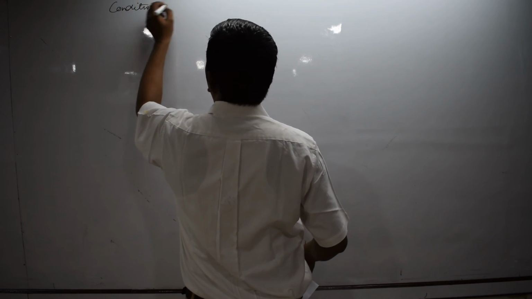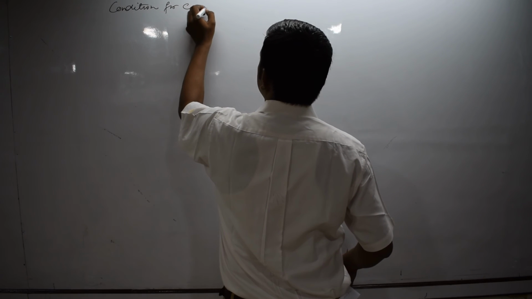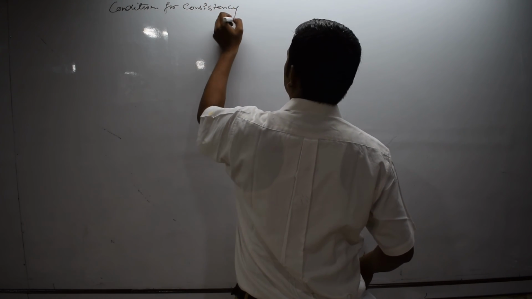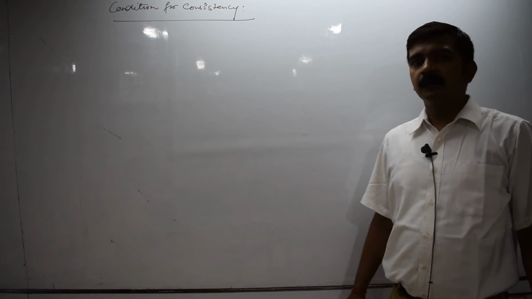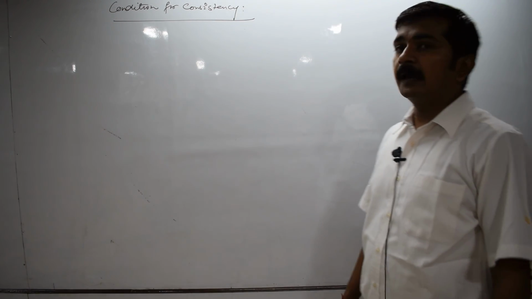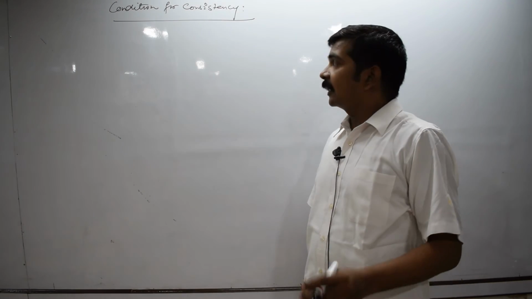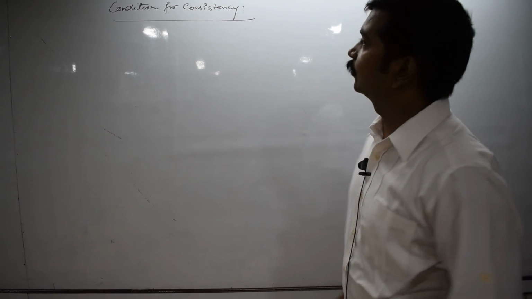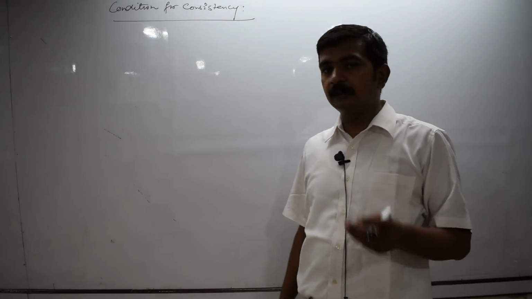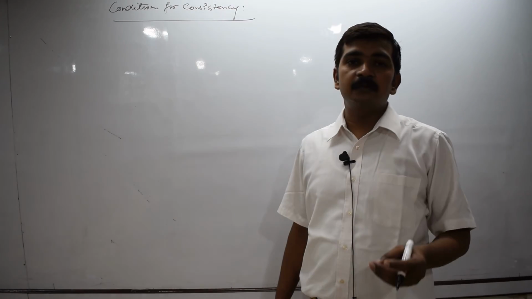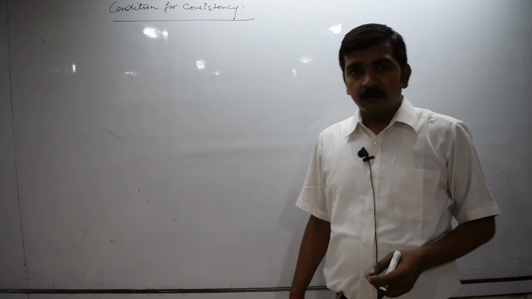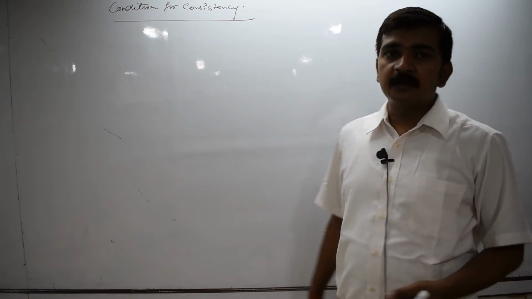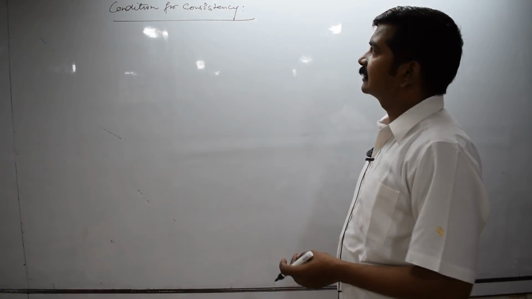Consistency means that if we are given a system of linear equations and the system has a solution, then it is said to be consistent, meaning it has a solution. If the system has no solution, then it is known as inconsistent.